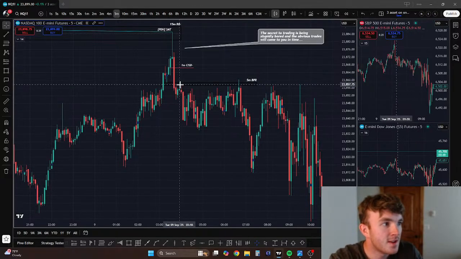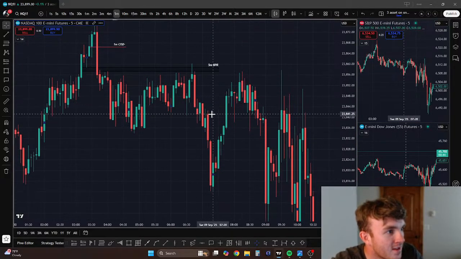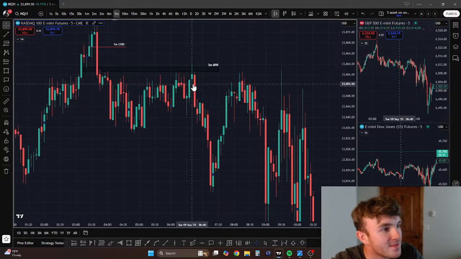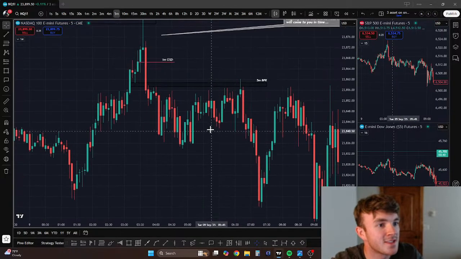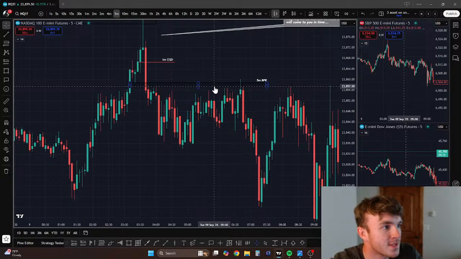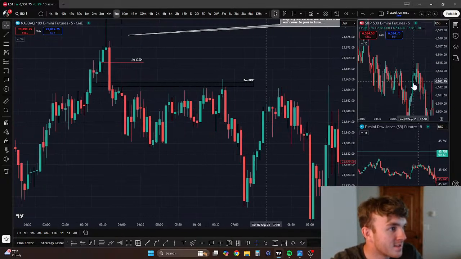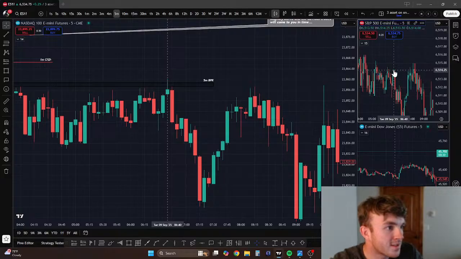But man, this is obvious, dude. When I see this happen, bro, this is a high probability trade. This is an example of a trade coming to me. But yeah, I think there was S&T here. Look at this high.